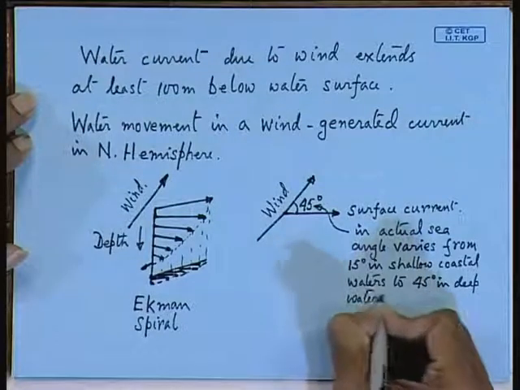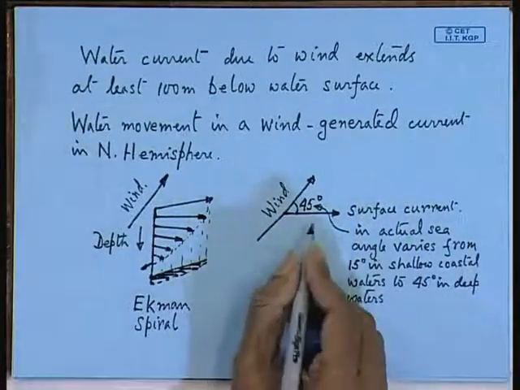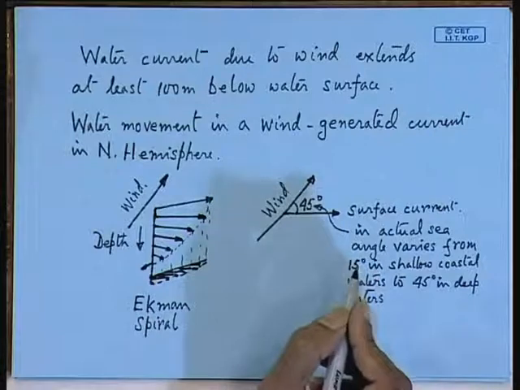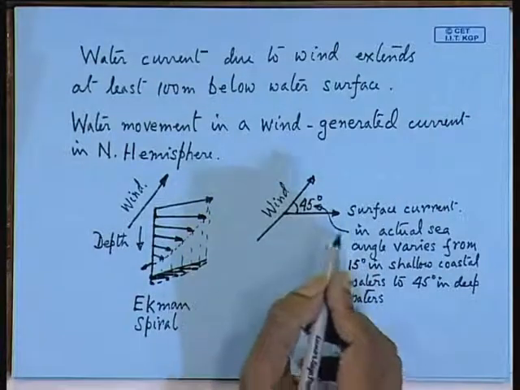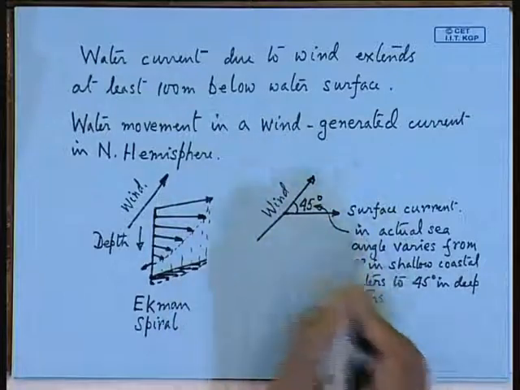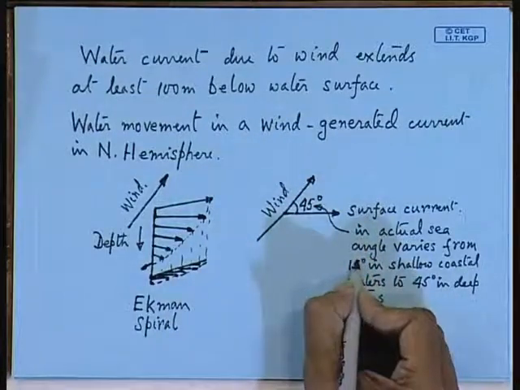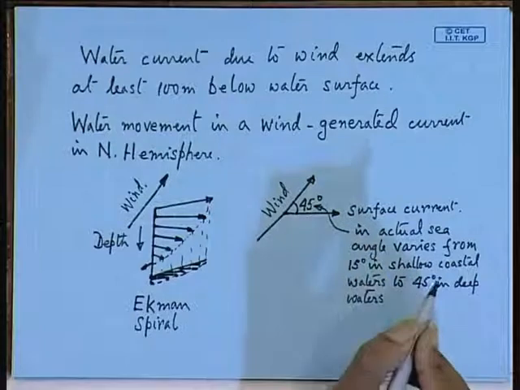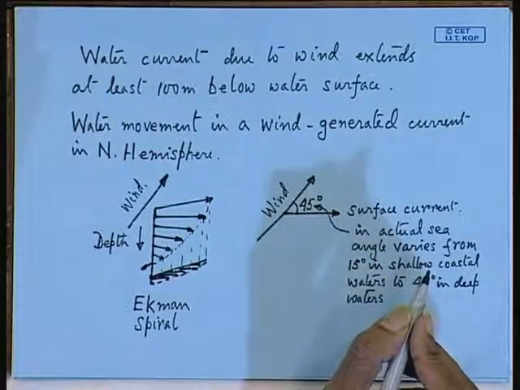So, in shallow coastal waters, it gets affected by bottom friction. So, you have less, that means the frictional force is higher. So, that means you have a lesser angle. Where bottom friction is not there, then it is 45 degrees. In deep waters, this is 45 degrees.